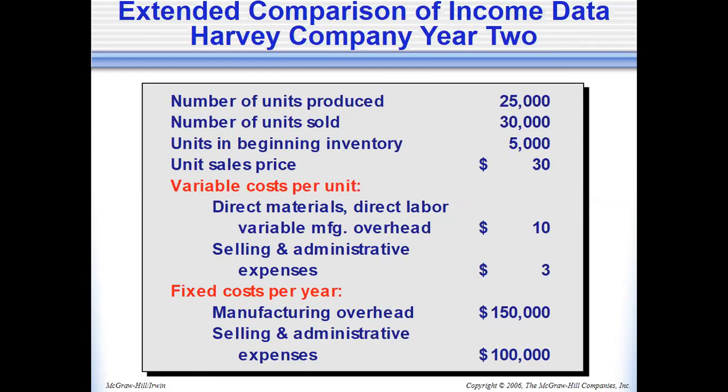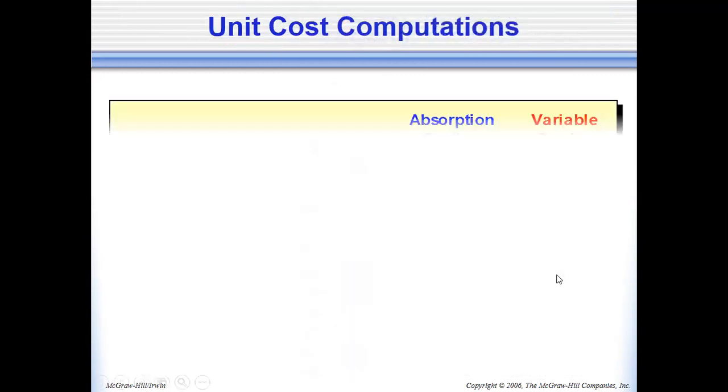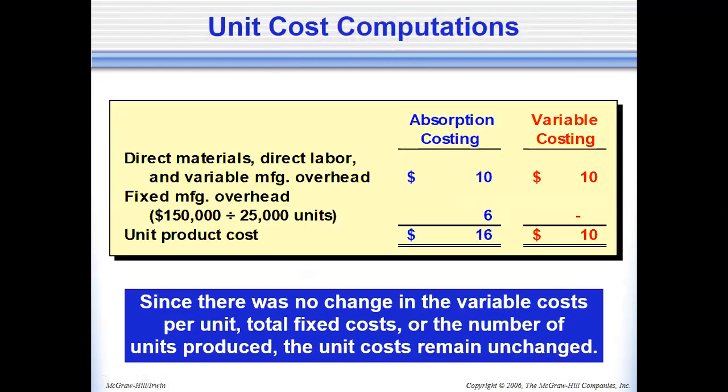Let's check. Sales price, 30, same. Variable costs per unit are the same as given, and unit cost computations are the same. We have to take note that since there was no change in the variable cost per unit, total fixed cost, or the number of units produced, the unit cost remains unchanged. This is an assumption based on that particular problem.